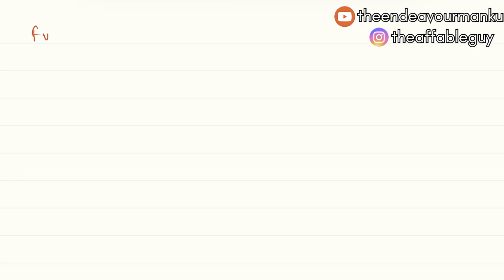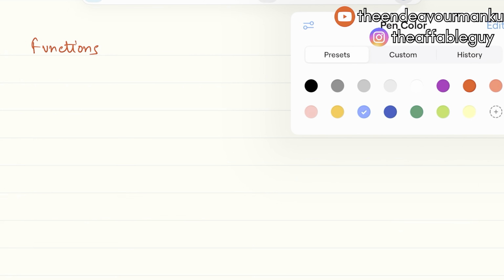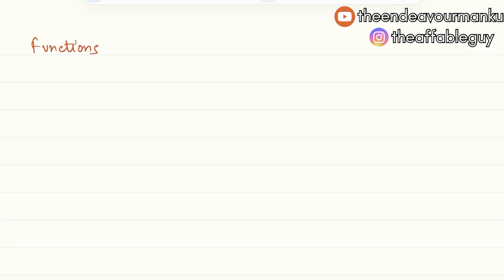Let's jump to the next section, which is functions. Functions are named blocks of code, and the purpose of a function is to avoid repetition of code. When you define a function, you give a name to the function and then some lines of code.